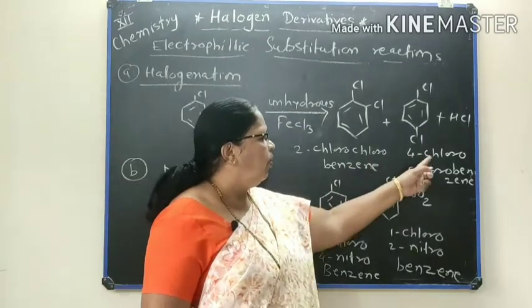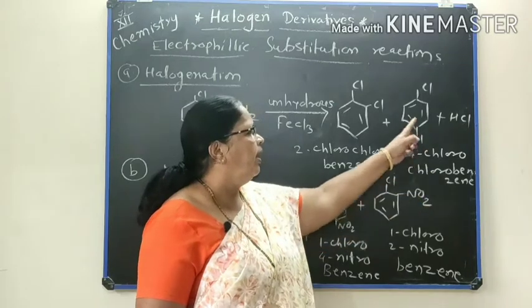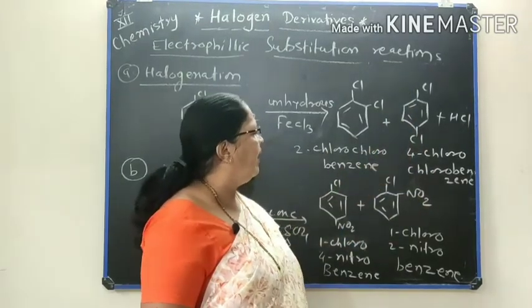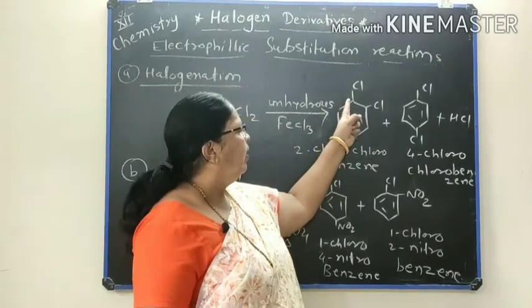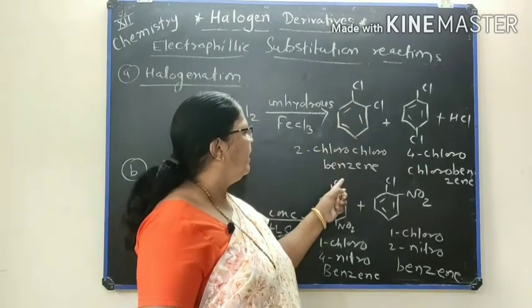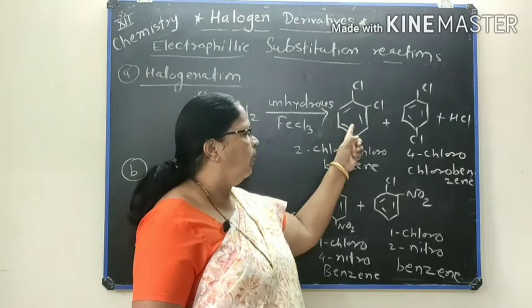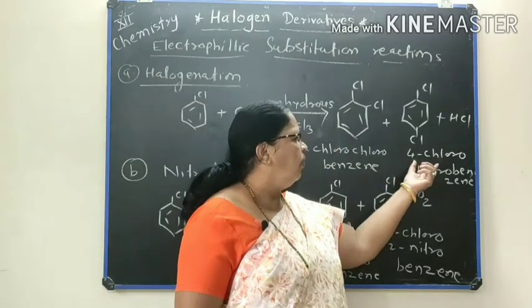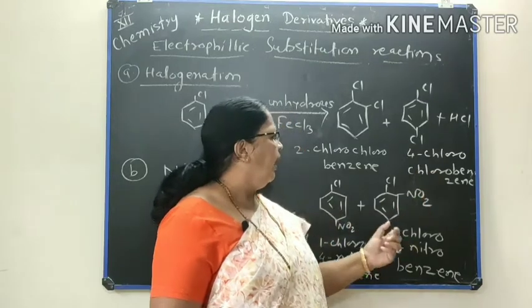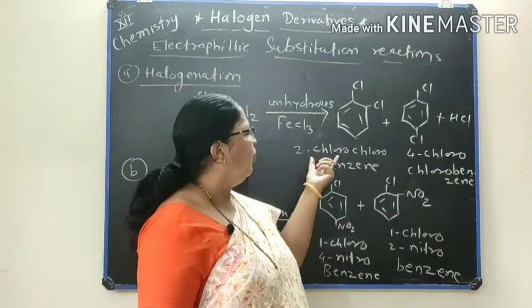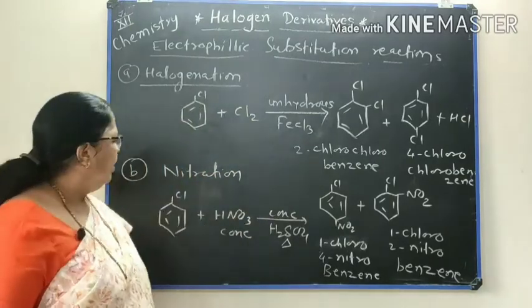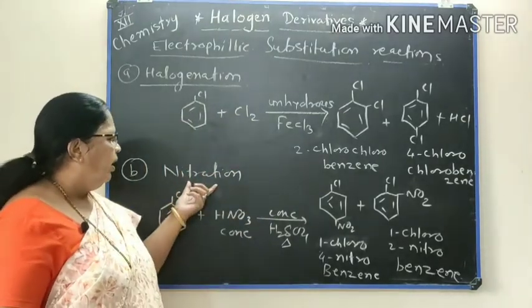Major product 4-chlorobenzene, also called 1,4-dichlorobenzene, and second one 1,2-dichlorobenzene or 2-chlorobenzene. Here the major product is 4-chlorobenzene and minor product is 2-chlorobenzene.